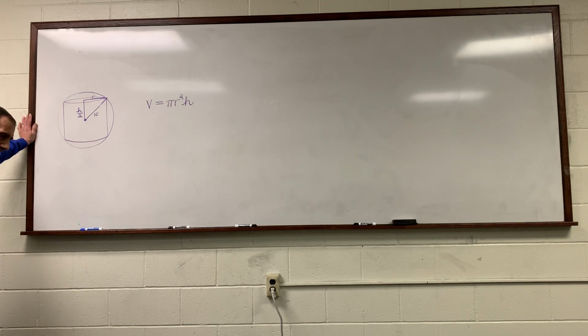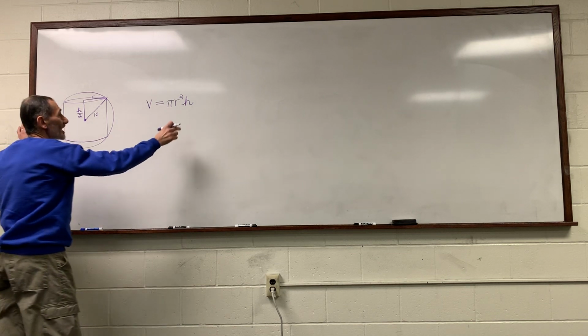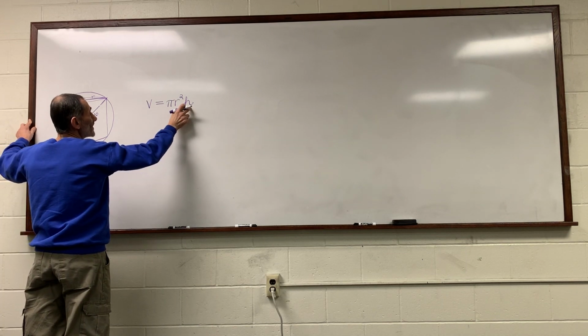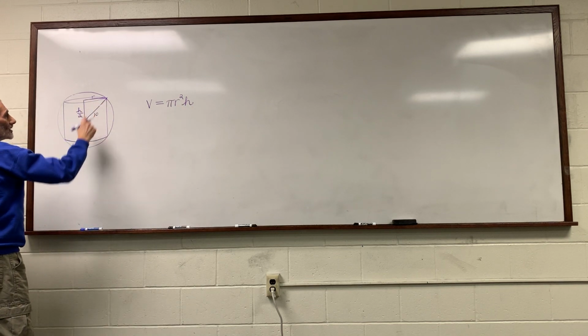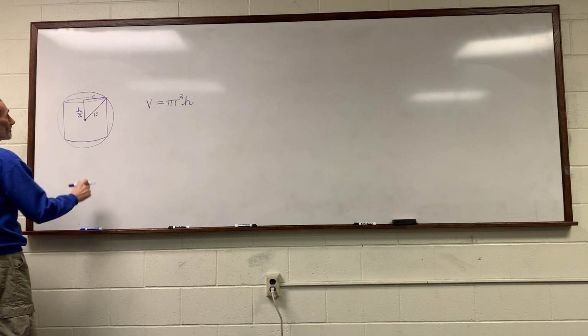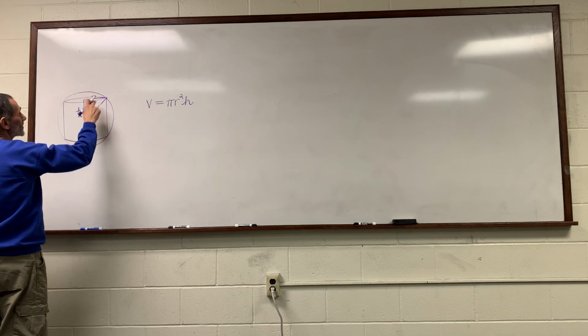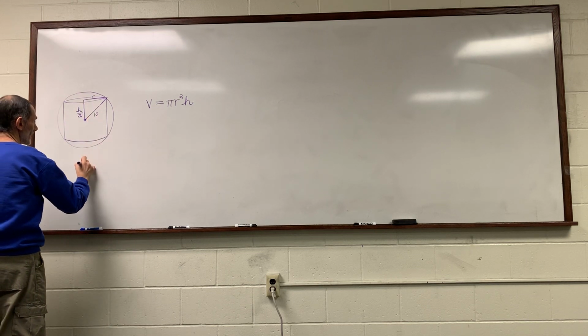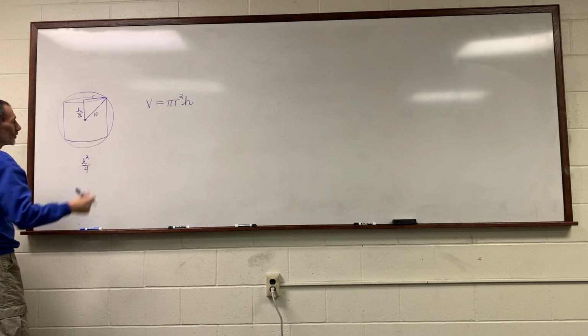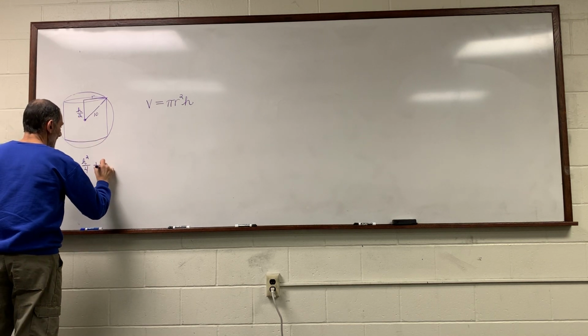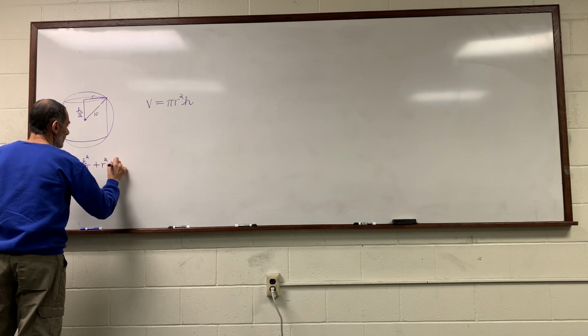Remember, our constraint is often an equation that enables us to write one of these in terms of the other. Well, that's what we have here by virtue of the Pythagorean theorem. This squared plus this squared equals this squared. H squared over 4, that is h over 2 all squared, plus r squared equals 100.